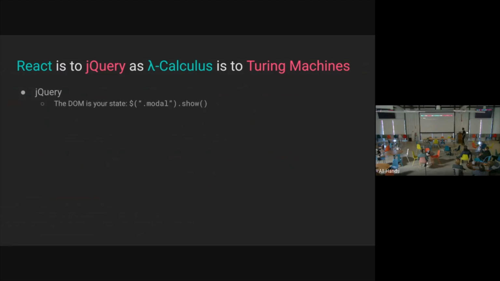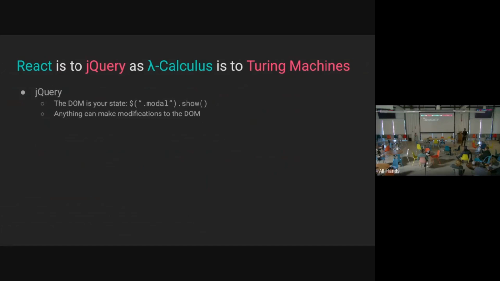In jQuery, the DOM is your state. All of the HTML elements that are there are your state. You've probably written jQuery code that looks like this, jQuery.modal.show, and it shows the modal. Basically what I'm trying to get at is that whether the modal is being shown is encoded in the DOM itself.